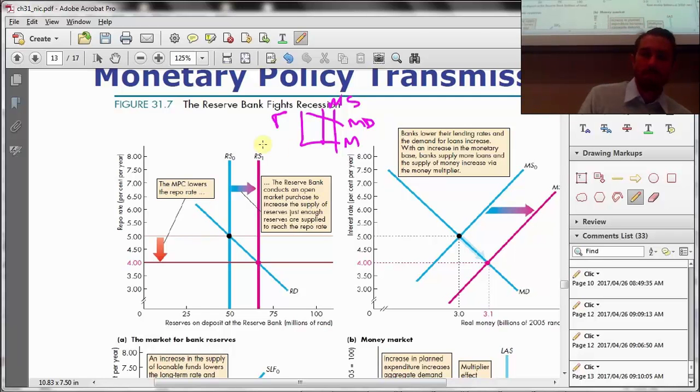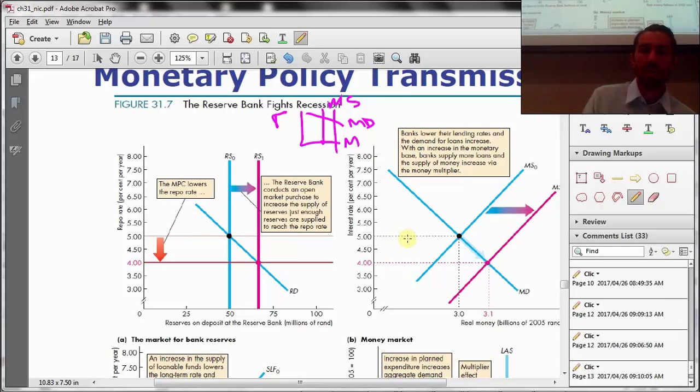So the Reserve Bank lowers the repo rate, which is the same as increasing the money supply by increasing the reserves that banks have available at the Reserve Bank. That allows them to increase the money supply by granting new loans, which lowers the interest rates in the banking money market.